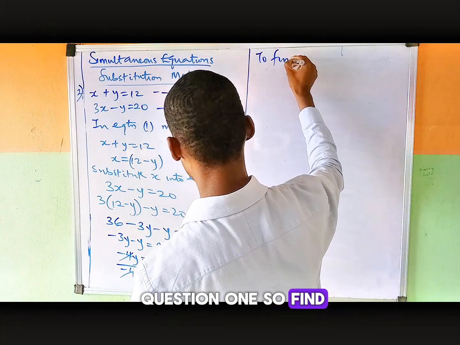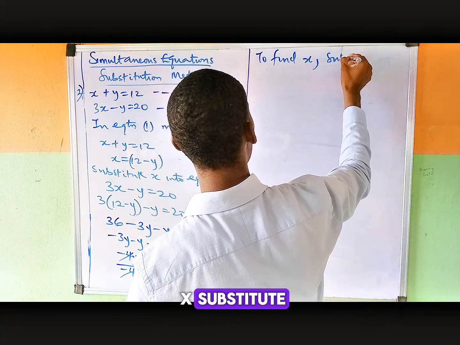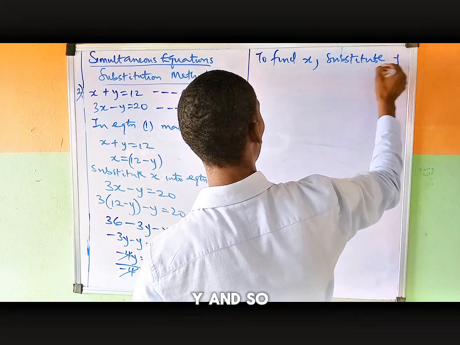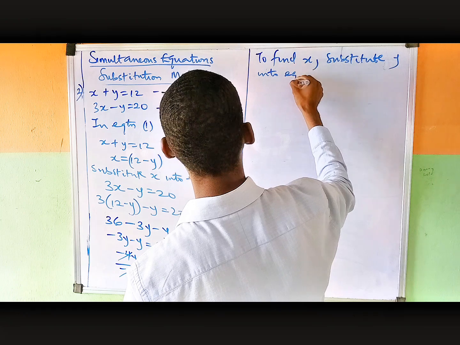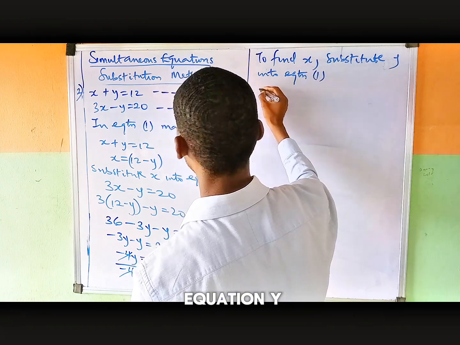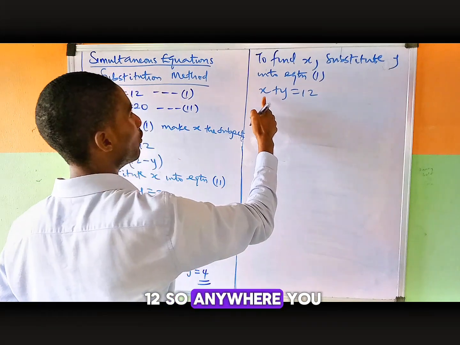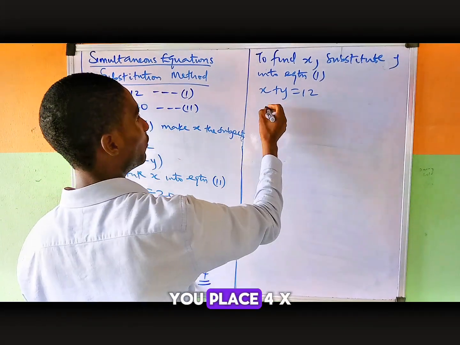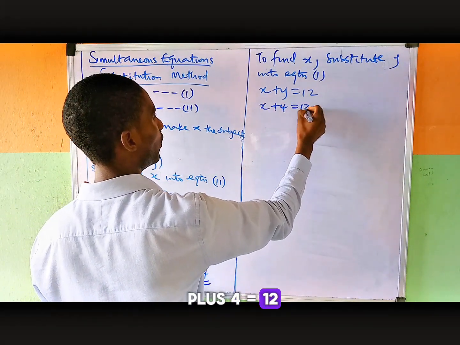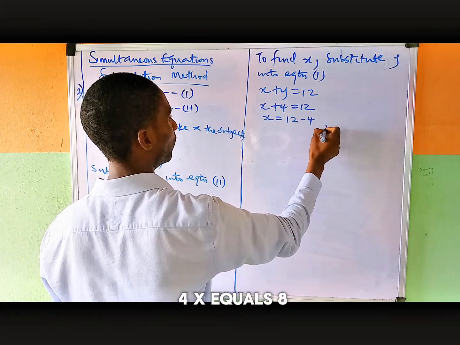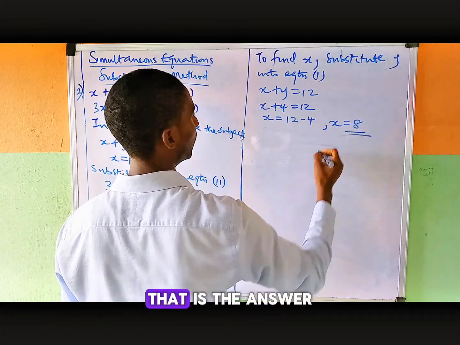To find x, substitute y into equation 1. What is equation 1? x plus y equals 12. So anywhere you have y, you replace with 4. x plus 4 equals 12. So if this crosses to this side, x becomes 12 minus 4. x equals 8. That is the answer.